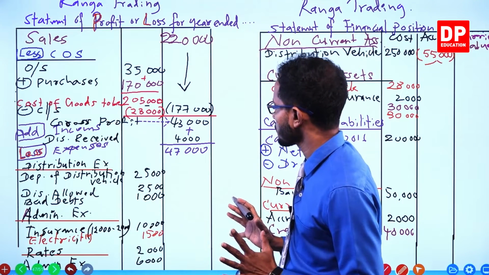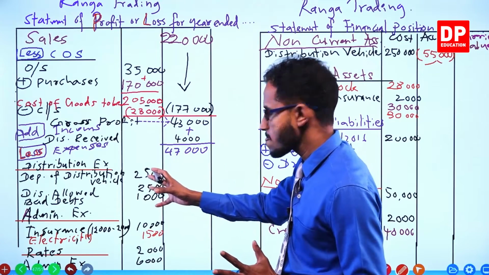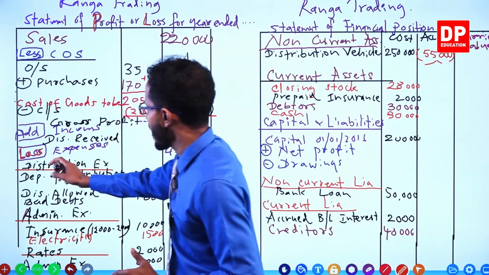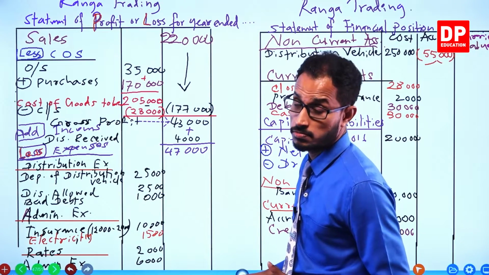Now children, take the total of all the expenses, and we must subtract all the expenses.